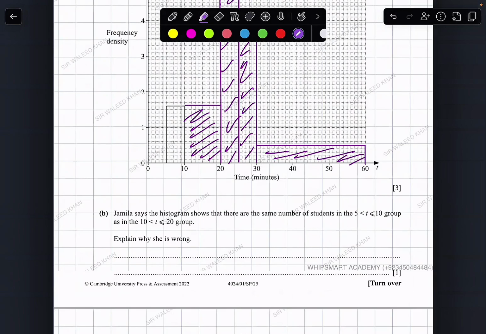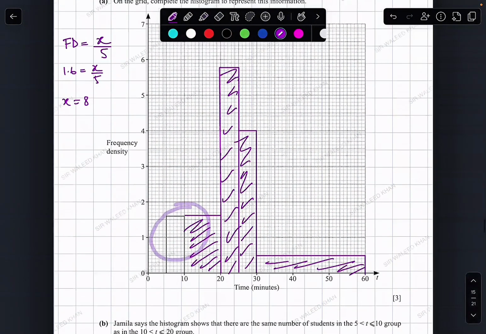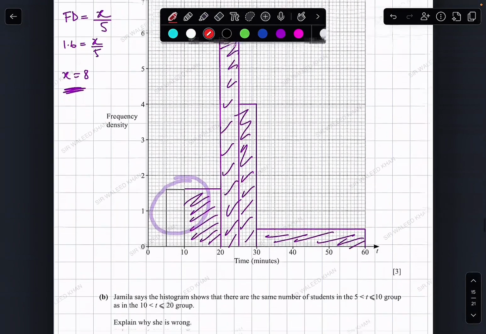Explain why she is wrong. Now, this height doesn't represent the number of students; the number of students is represented by frequency, not by frequency density, right?